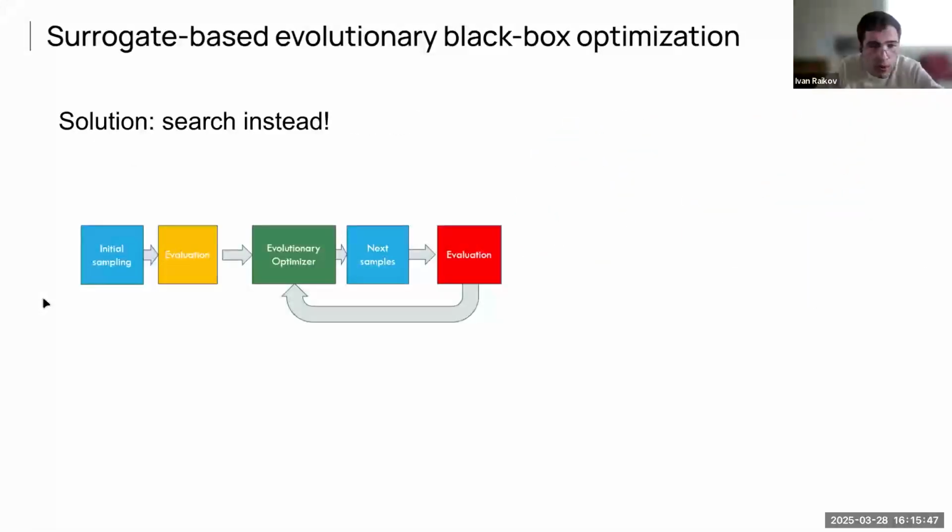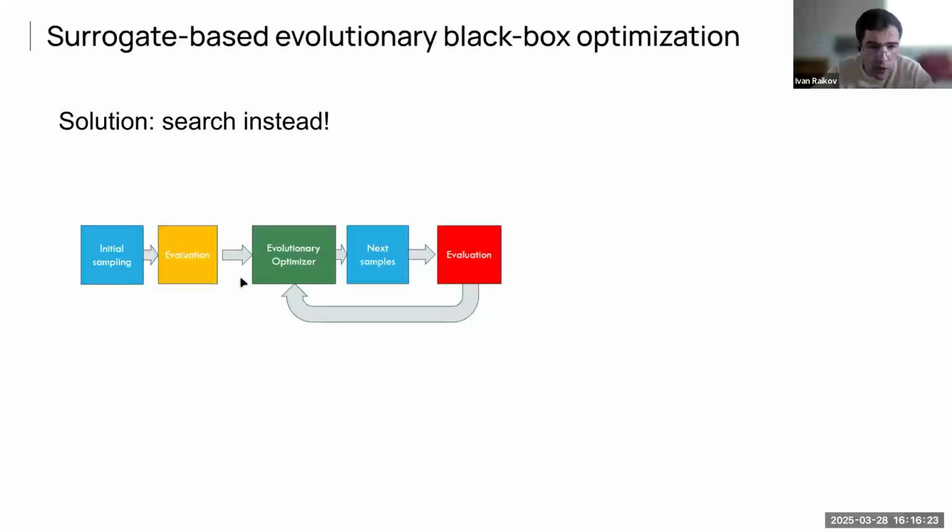Okay, and just to give you an idea of the overall surrogate evolutionary optimization algorithm, it consists of an initial sampling phase and evaluation of the model system. Once a sufficient number of samples is obtained, the algorithm builds a surrogate model, and I'll explain in a moment how this is done. And then the surrogate, which is much cheaper to evaluate computationally, is used in an optimization algorithm.